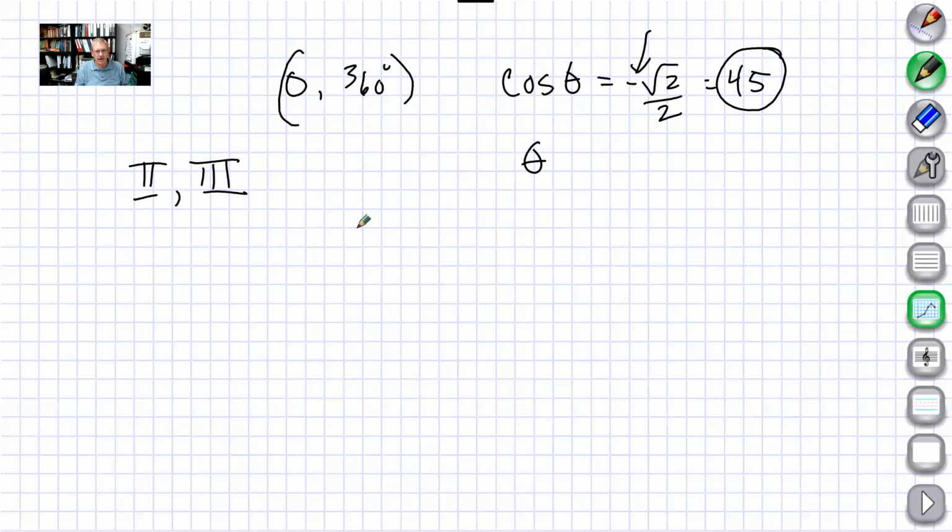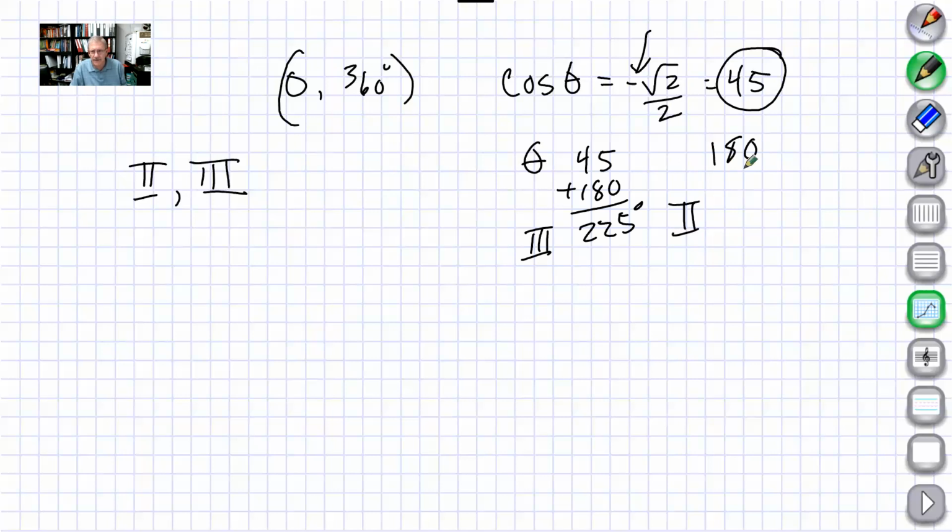In the third quadrant, we add 45 plus 180. It's going to be 225 degrees. What about the second quadrant? In the second quadrant, we subtract from 180.